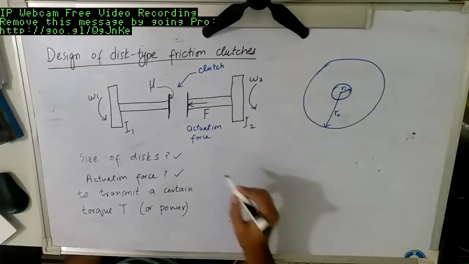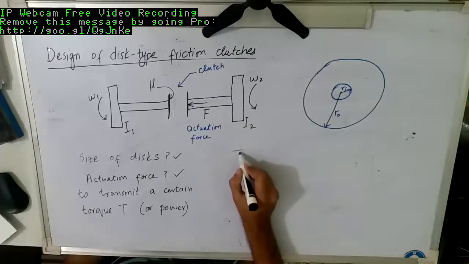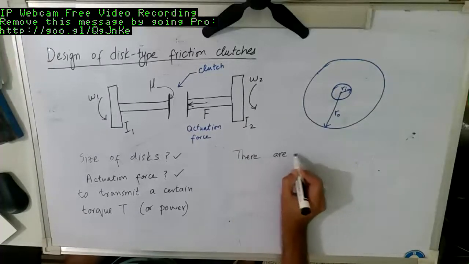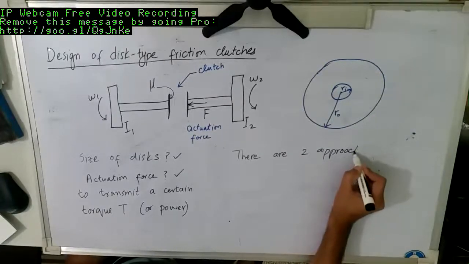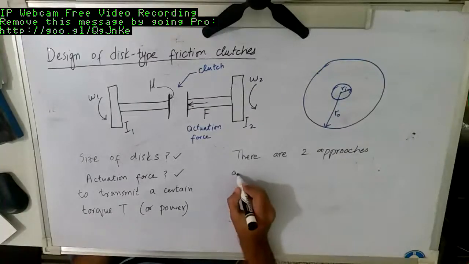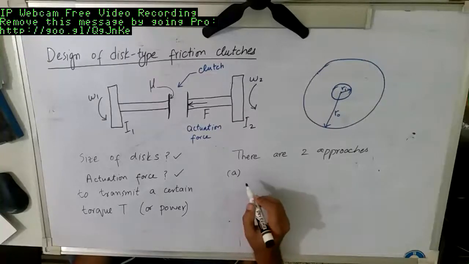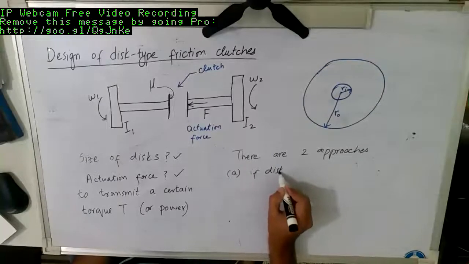There are two methods, or two approaches, for this particular type of clutch, the disc type clutch, in order to reach our objective. The first approach is to consider the discs as flexible.